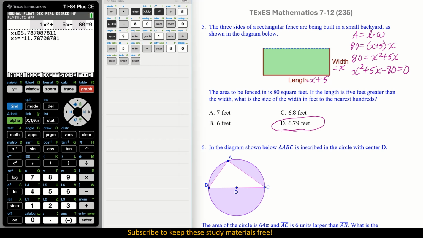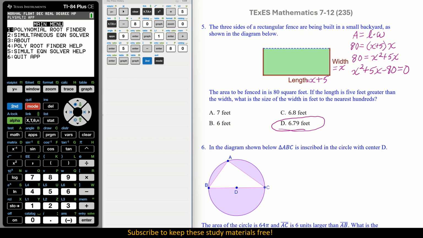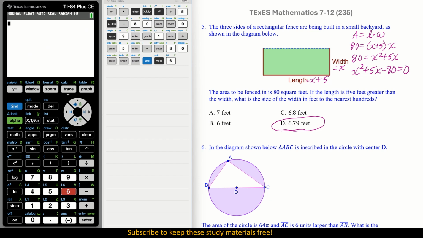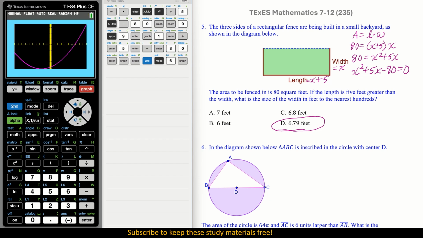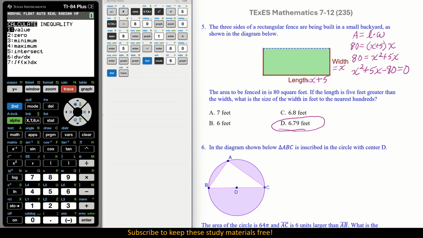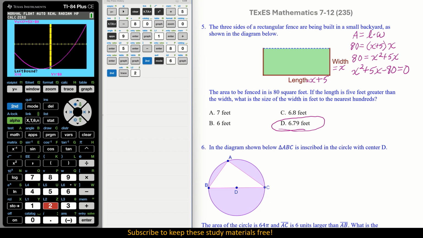We could go back to graph. Okay, let's go back out and let's do 6 quit. Okay, so graph it again. And what could we do? We could do second calc, and we don't need a particular value. We need number 2, a 0. Okay. So it says on the left bound, let's do 6.